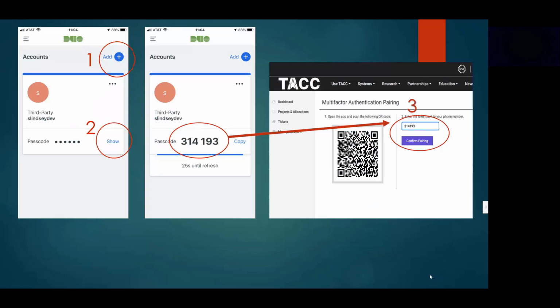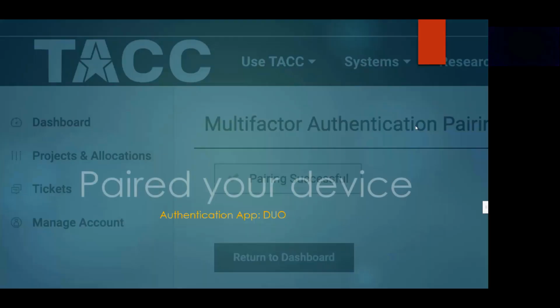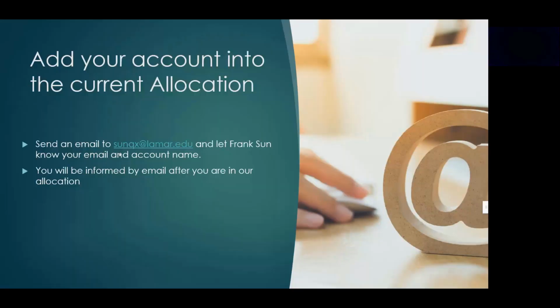And then when you look at your Duo, you're going to have this passcode. The passcode is initially dark. You have to click show to show the number, and then put it into your TACC account, activate. Okay, that's all. Thank you very much.